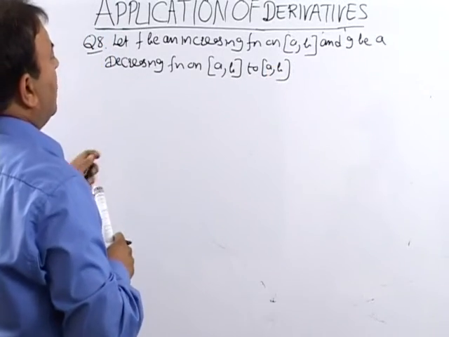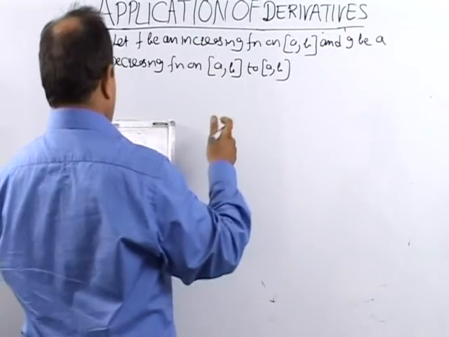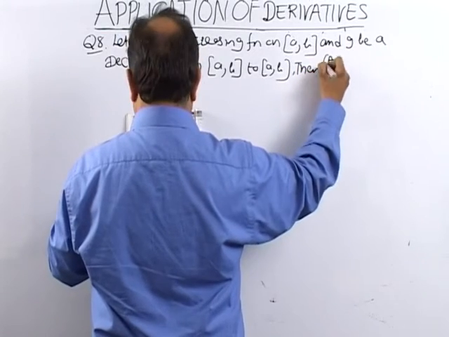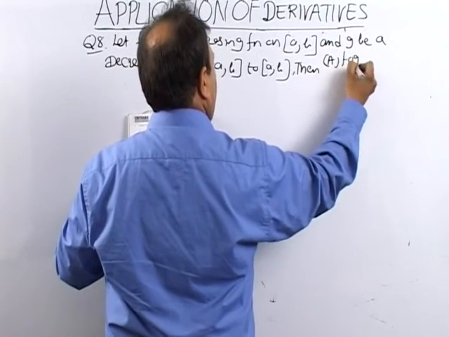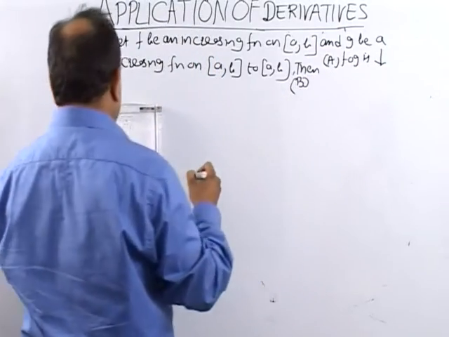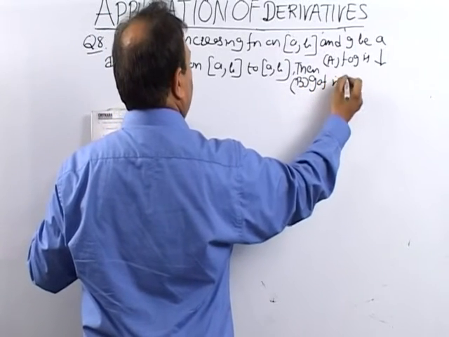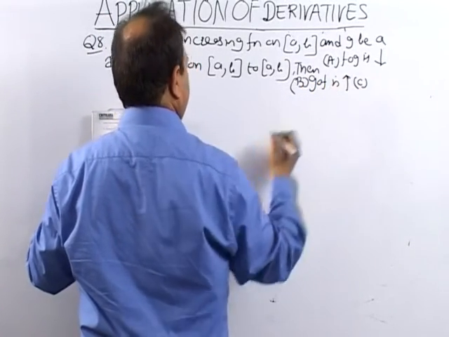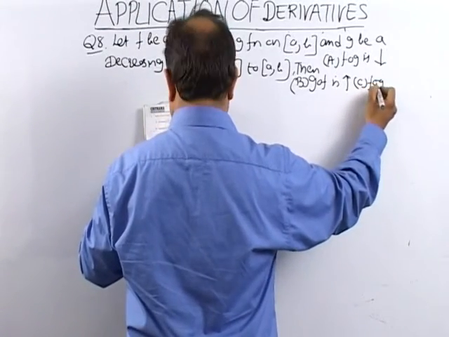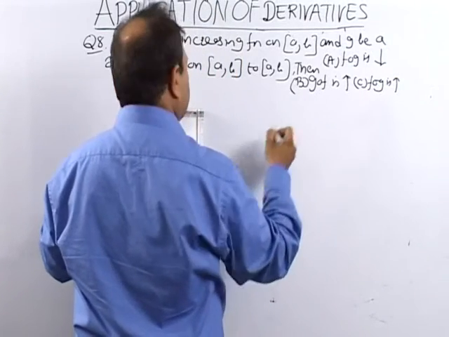We are given f is an increasing function, g is a decreasing function. Then A part: fog is decreasing function. B option: gof is increasing function. C: fog is increasing function.